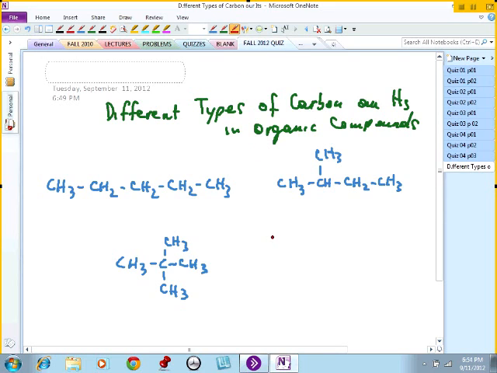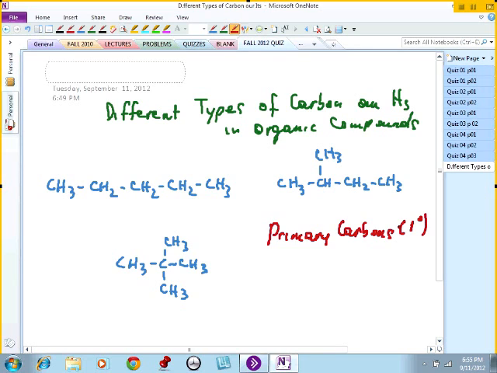We have what we call primary hydrogens or primary carbons. Sometimes we use the designation 1 degree for primary.